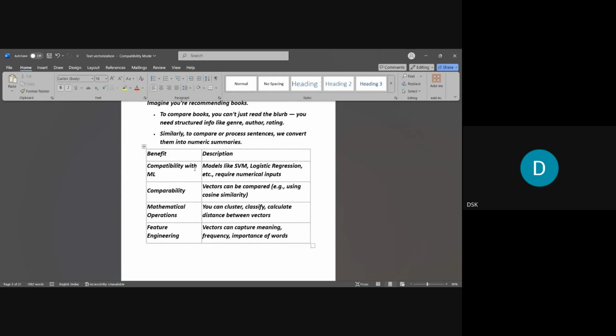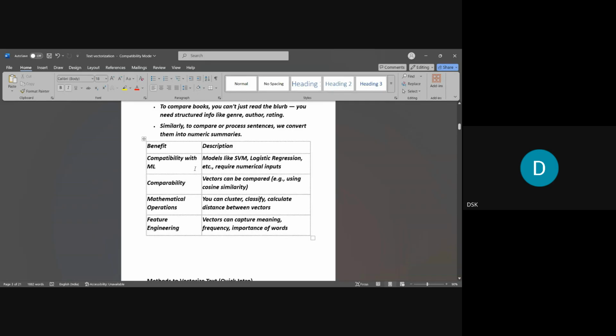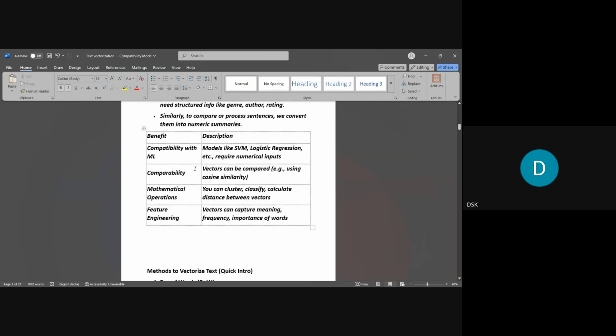Mathematical operations are also a benefit because you can cluster, classify, and calculate the distance between the vectors. And one more benefit is feature engineering, because vectors can capture meaning, frequency, and importance of words.